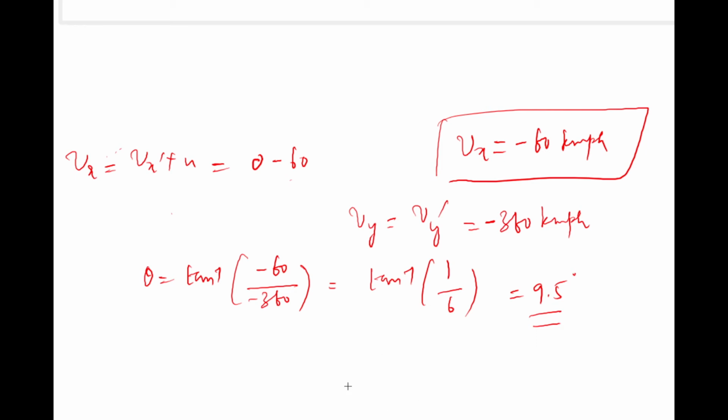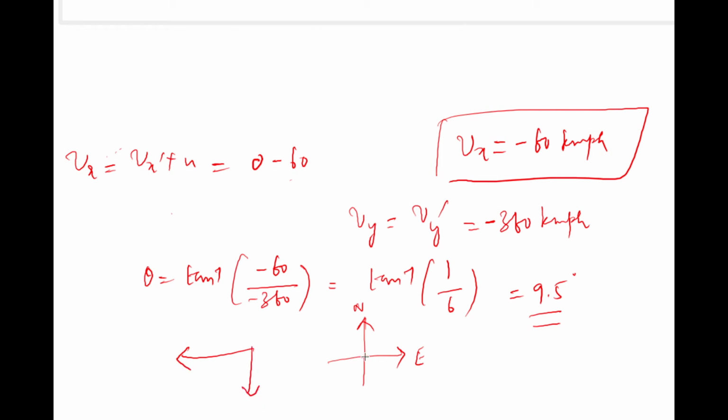And what is the direction? The directions are north, and this is east, right? Because wind is blowing this way and the airplane wants to fly this way, wind is blowing down.